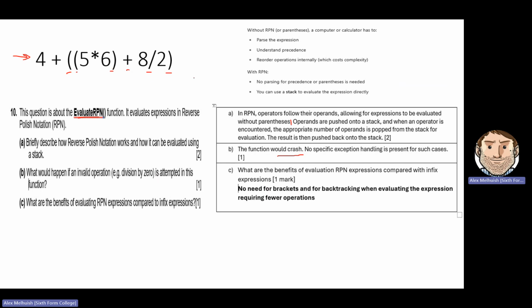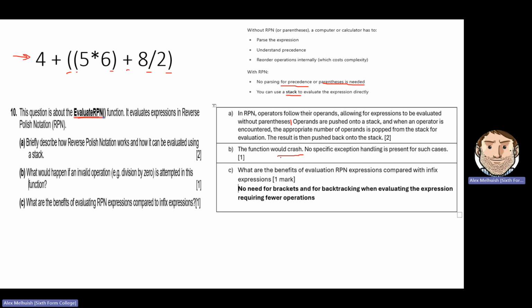Obviously, when we've got RPN, we haven't got the parentheses, so that's a big thing to mention first off. And we don't need to worry about precedence because we've got a definitive order in which to evaluate the expression, as long as we're using a stack to do it. And that's really what you need to be clear about. We can just, as we've described in the previous answer, push the operands on, and pop when we hit the operator and calculate the result and push back on.